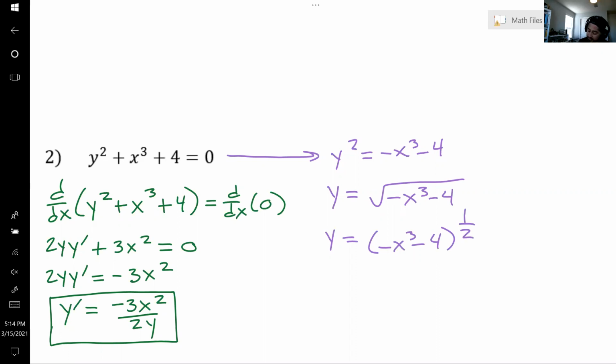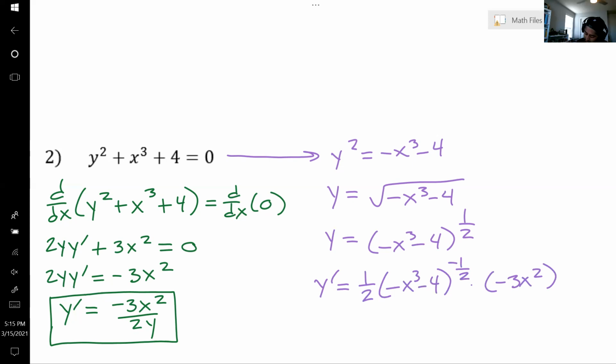And now when you take the derivative, you have to use chain rule. So the derivative of this would be 1/2 times negative x cubed minus 4 to the negative 1/2 times the derivative of the inside, which is negative 3x squared. Okay, this is already looking more difficult than what we see on the left side, but let's go ahead and finish it up.